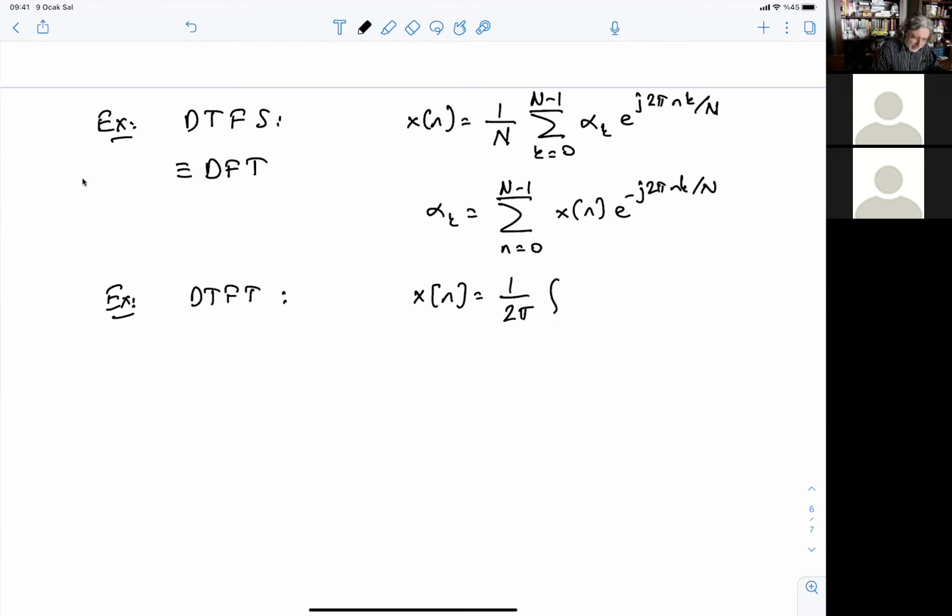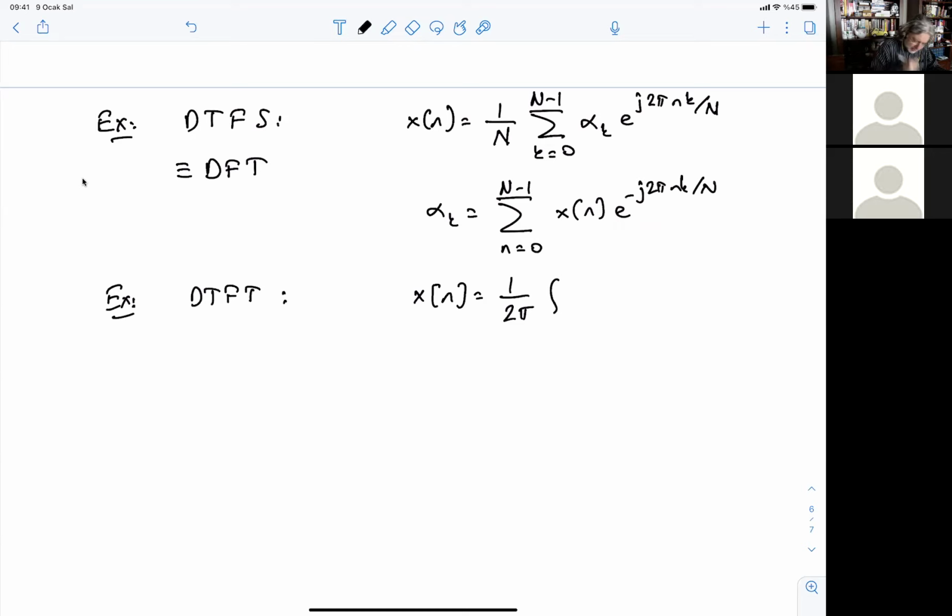And the domain of the Fourier transform, capital X of omega, is 2 pi periodic, as we all know, because the discrete time Fourier transform provides us with a 2 pi periodic Fourier transform.